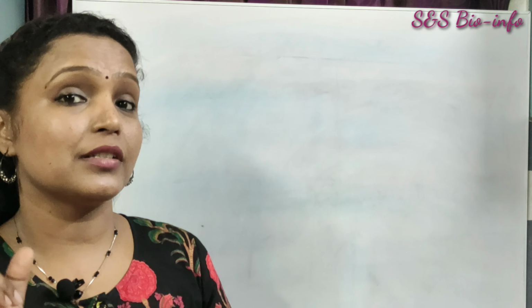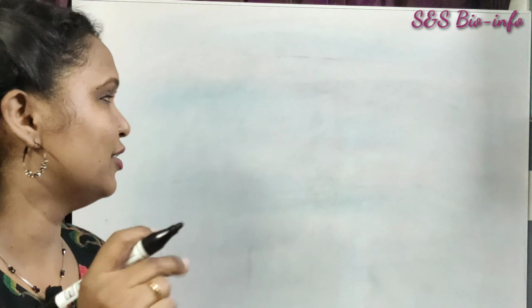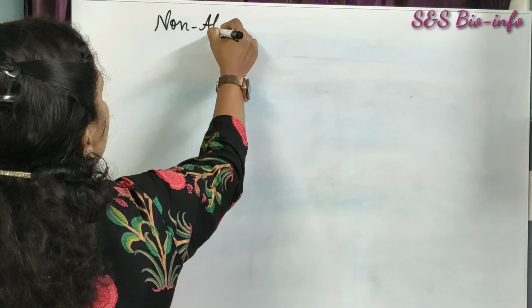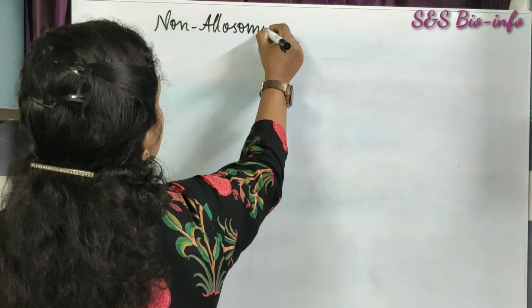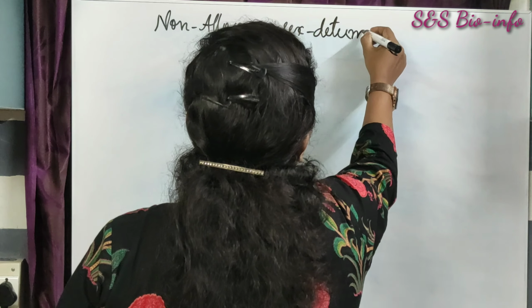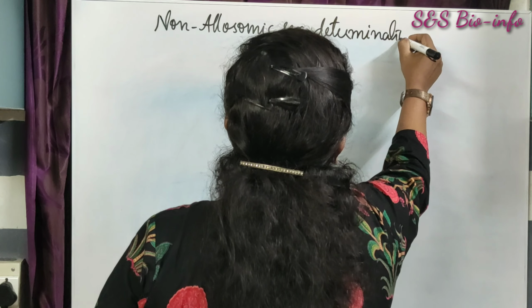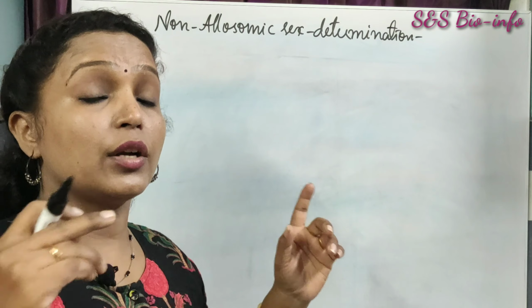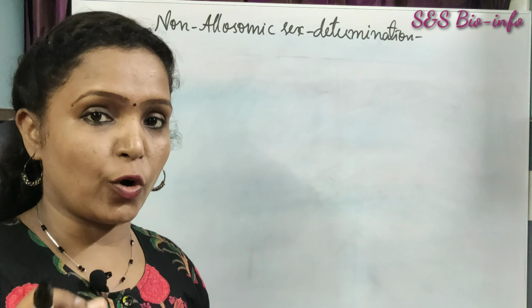The third type is non-allosomic sex determination. It means that sex is not determined by sex chromosomes.